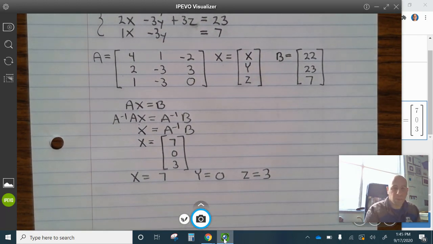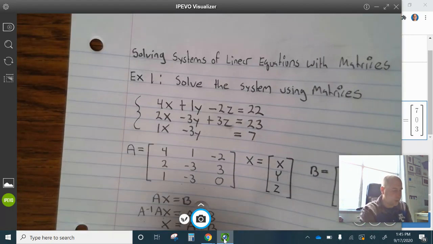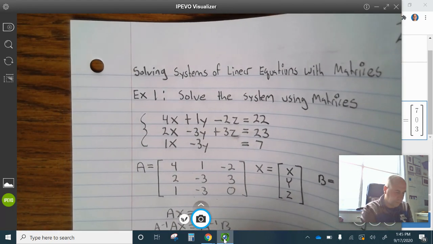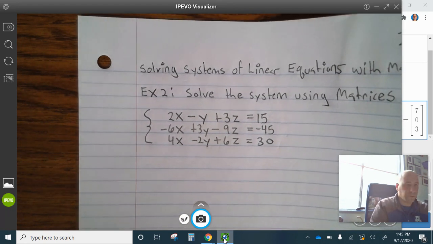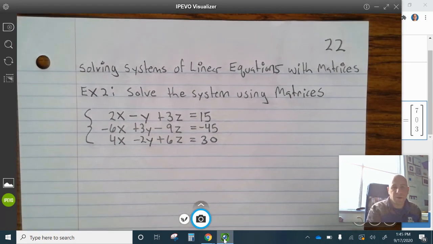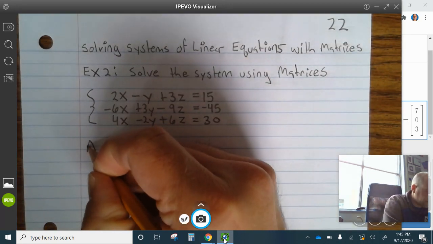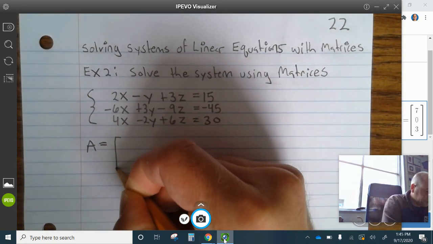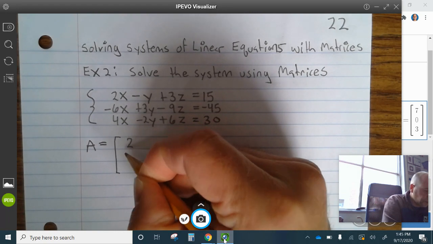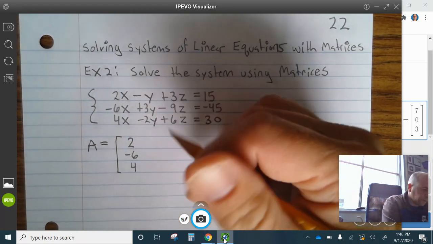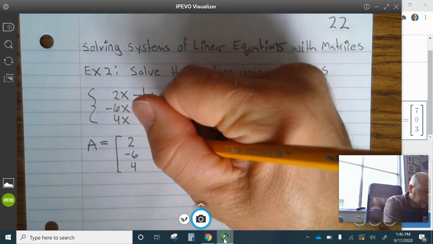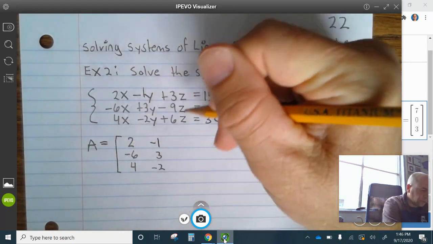Let's take a look at example 2. Okay, solve the system using matrices. So first off, we have A, which is 2, negative 6, 4. That's a 1 right there, so that's negative 1, 3, negative 2, 3, negative 9, 6.